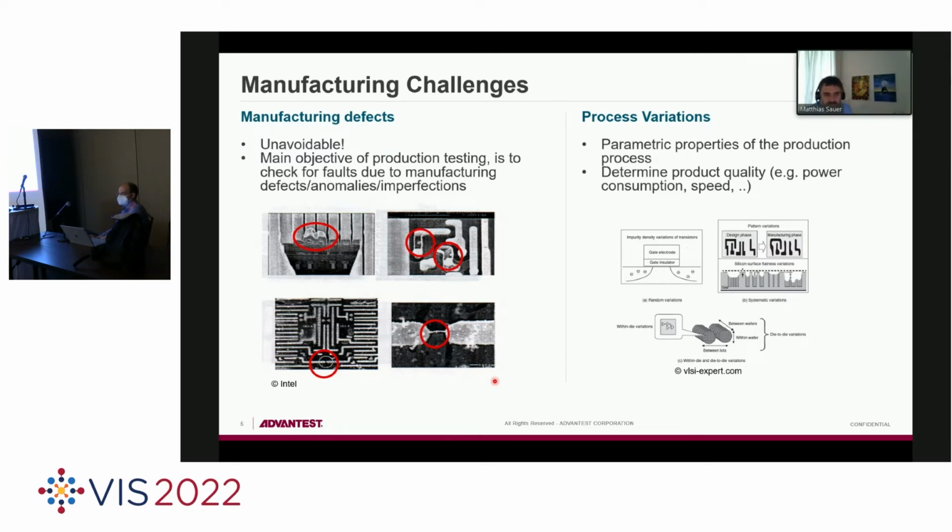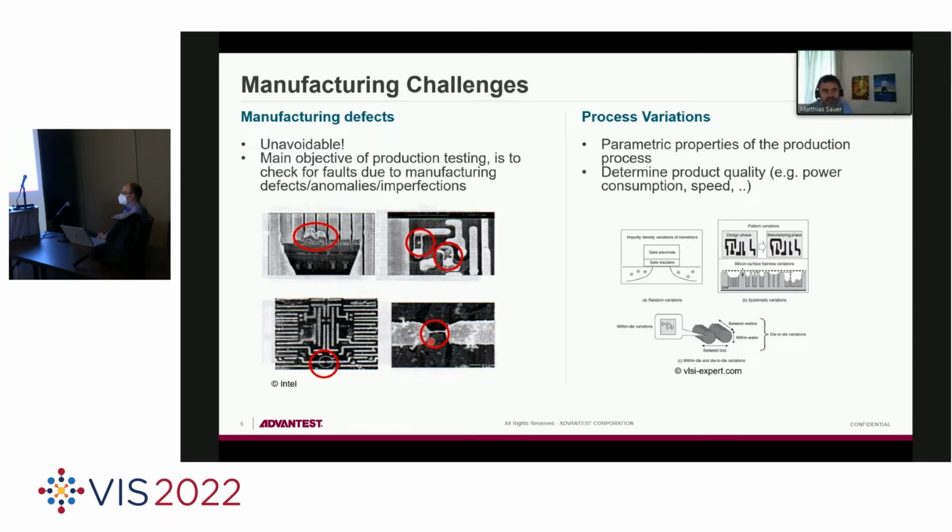As said, you are trying to create structures in the low nanometer sizes, and therefore all kinds of hiccups can happen. What's quite easy to understand is, if you think about two metal lines close to each other, you can have some unwanted connection between those lines, like a bridge, or you can have an open, like displayed here, so a wire connection in the circuit that is not connected properly. Such imperfections can happen easily, and it's the job of test to find out what's really happening.